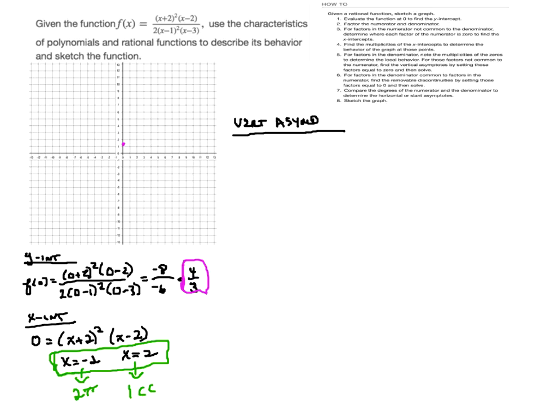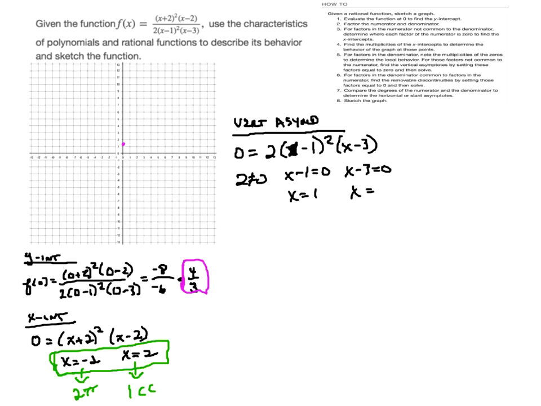Okay, vertical asymptotes. None of my factors between my numerator and my denominator divide out. So I have vertical asymptotes at 0 equals 2 times (x minus 1) squared times (x minus 3). 2 does not equal 0. x minus 1 could equal 0. x minus 3 could equal 0.